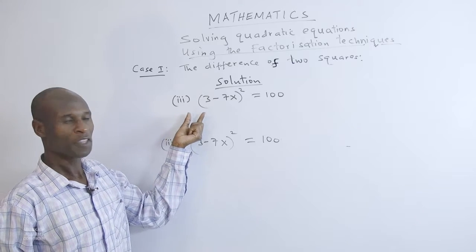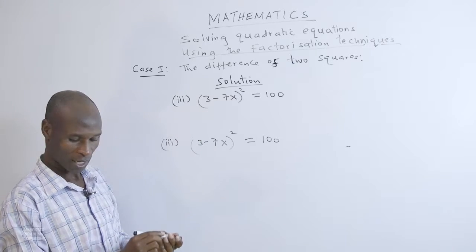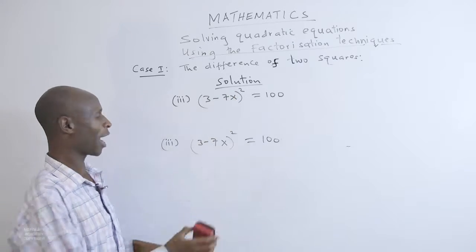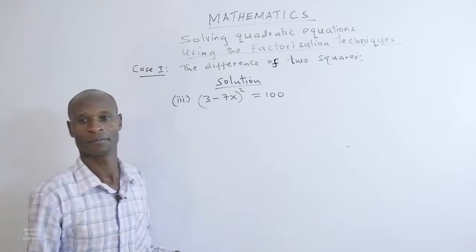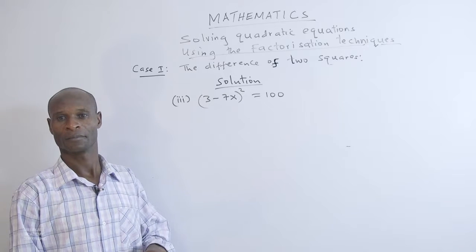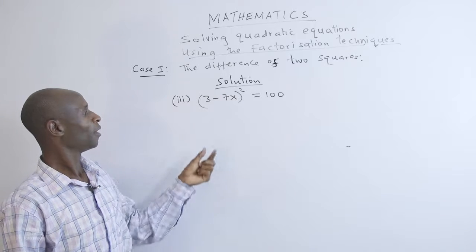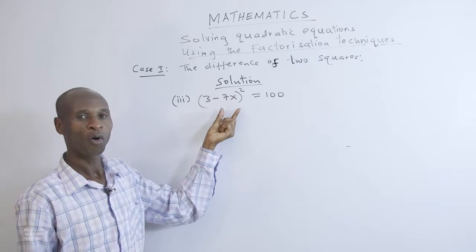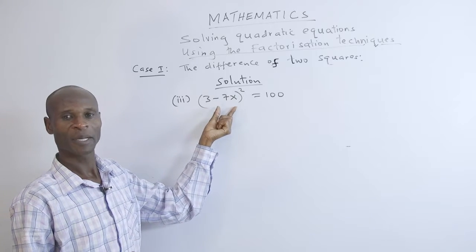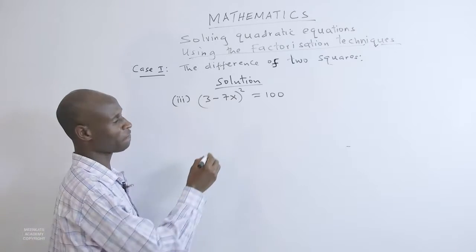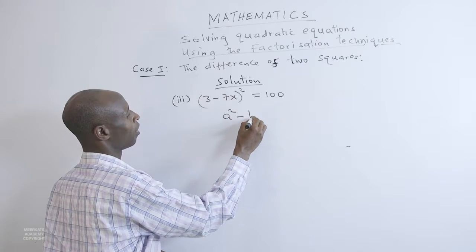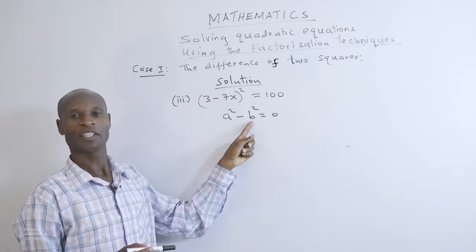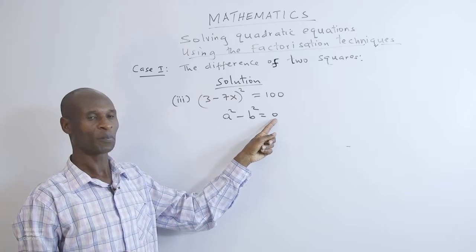So solve this quadratic equation, class. 3 minus 7x all squared is equal to 100. Now, in this case, we are supposed to arrange this particular equation in the form a squared minus b squared is equal to 0.